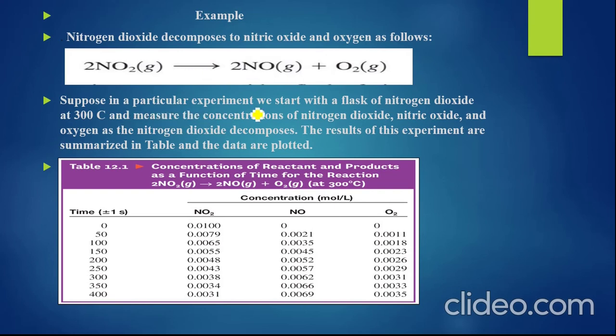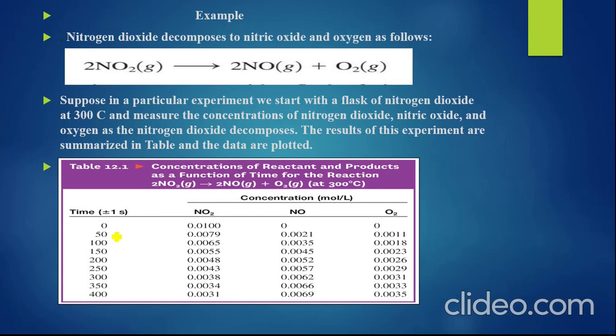Suppose in a particular experiment, we start with a flask of nitrogen dioxide at 300 degrees Celsius, and measure the concentrations of nitrogen dioxide, nitric oxide, and oxygen as the nitrogen dioxide decomposes. The results of this experiment are summarized in a table, and the data are plotted.